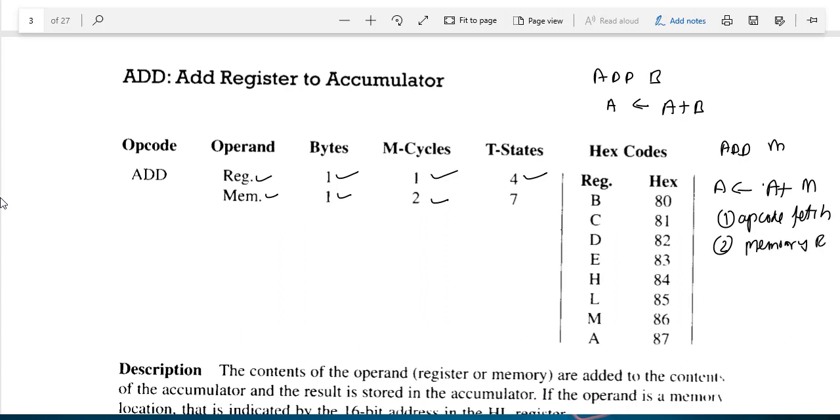Memory read, because we have to first take the data stored in the memory to the processor, and there we add this data with the content of the accumulator, and the result goes to the accumulator. That's why we have two machine cycles: opcode fetch and memory read.